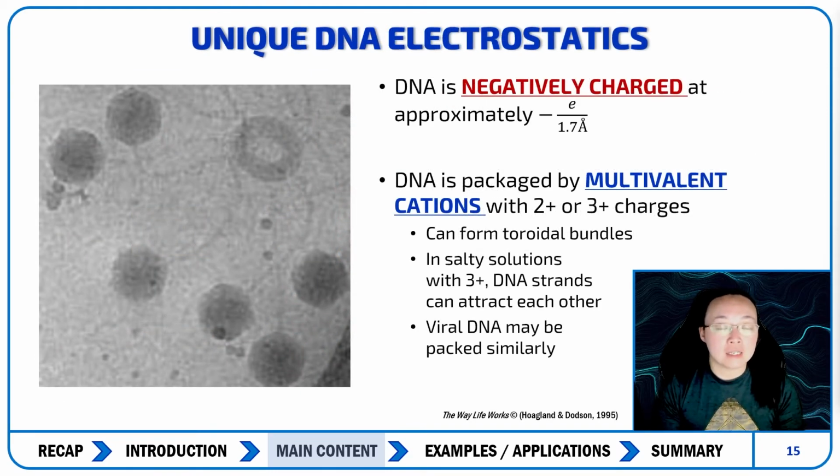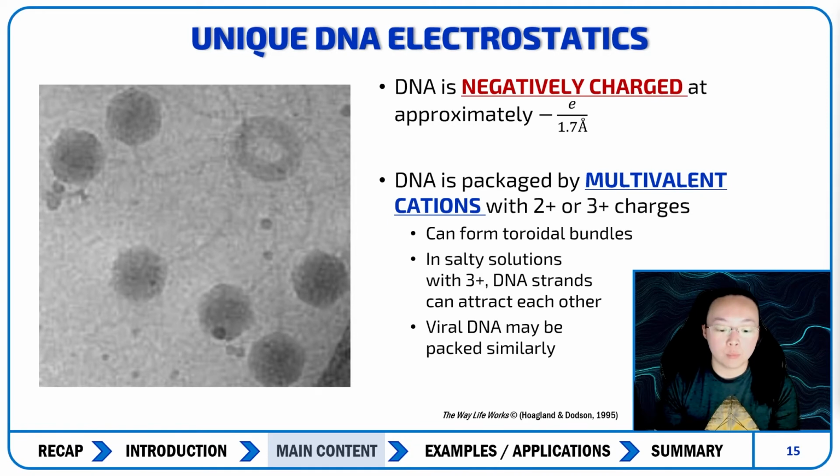Some DNA electrostatics to start the conversation. DNA is negatively charged. So if you are to model DNA electrostatically, you have to use a negative charge for it. It's actually approximately negative e over 1.7 angstroms. So that's the exact negative charge that it has. DNA is packaged with what we call multivalent cations.